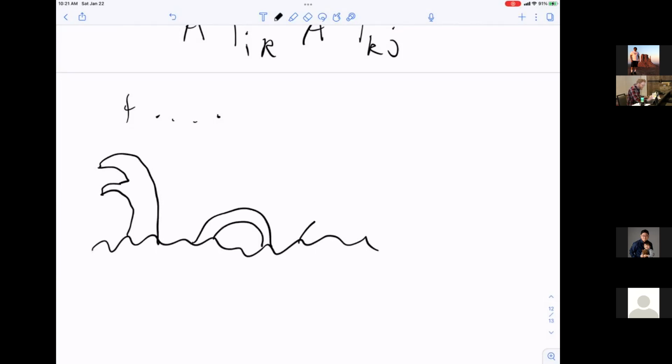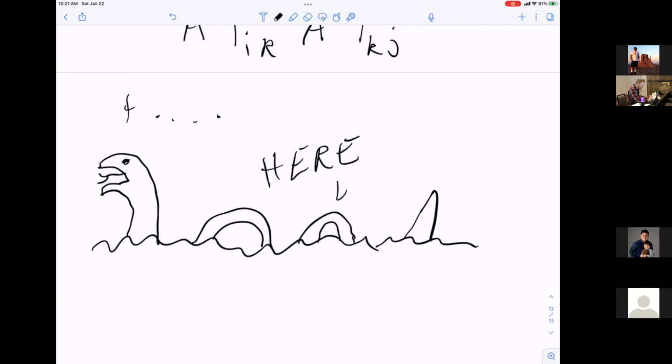This will be a point that is contentious in the literature. Here be dragons. So there's my caveat, here be dragons.